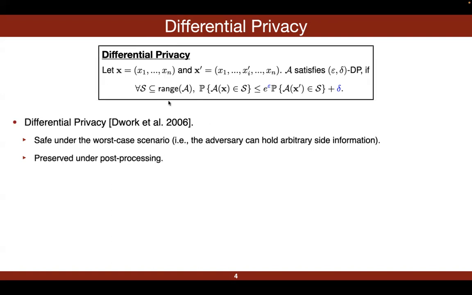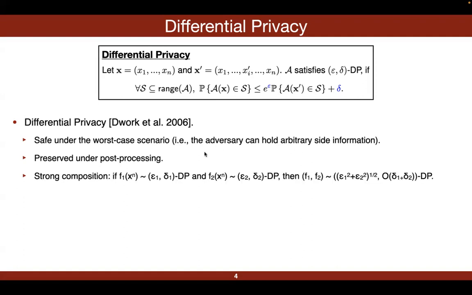A few important properties of differential privacy include the preservation under post-processing. If you apply another function to A of X, the output will still be differentially private. Also composition.